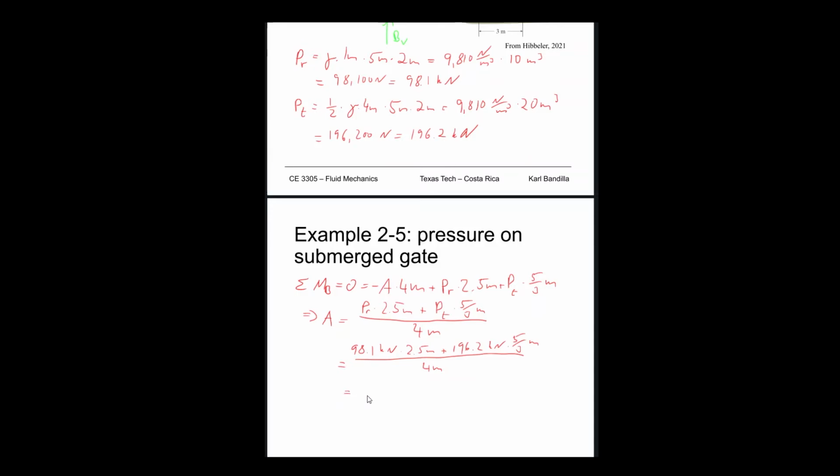And that gives us 143.0625 kilonewton. I don't know if you round this to 3 digits, 143 kilonewton. That's our A.